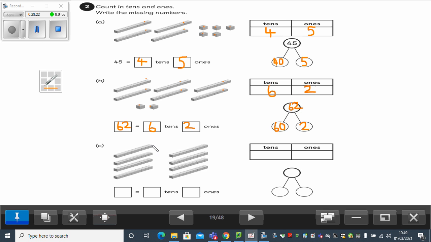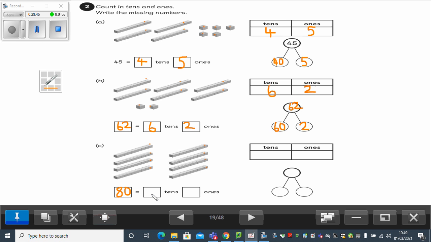Okay, last one on this page. Let's work out the whole number first by counting in 10s. Ready? 10, 20, 30, 40, 50, 60, 70, 80. And there are no 1s, so our whole number is 80. So how many 10s is that?